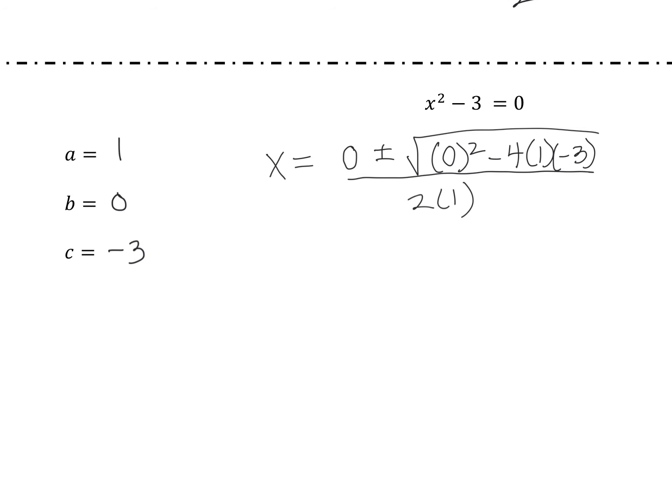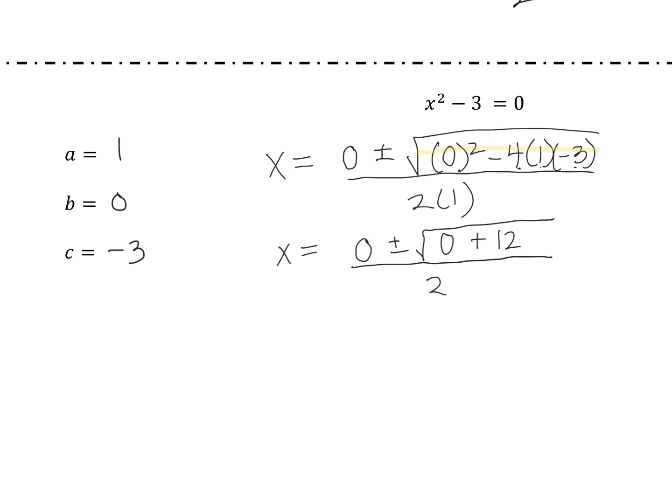Let's simplify the radicand first. So 0 squared is 0, and then negative 4 times 1 is negative 4, times negative 3 is positive 12. And so I'm really simplifying radical 12 here.